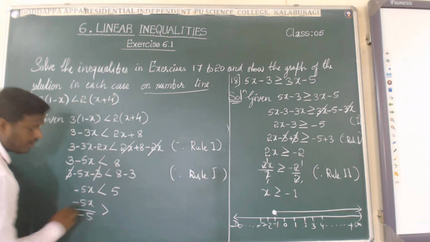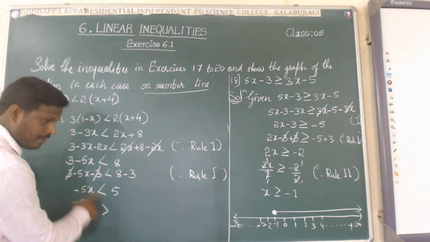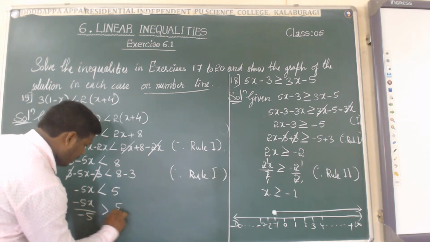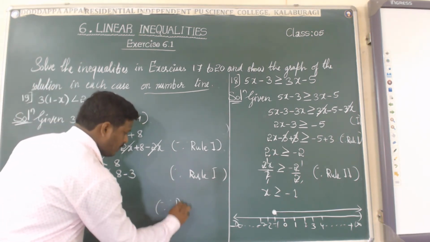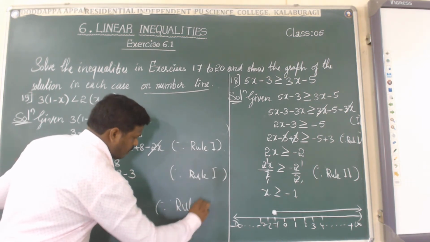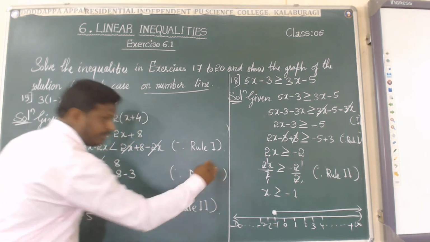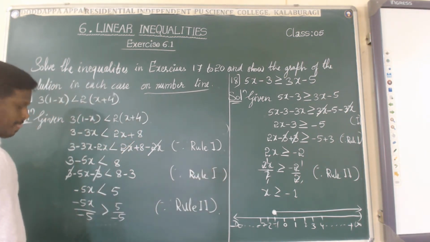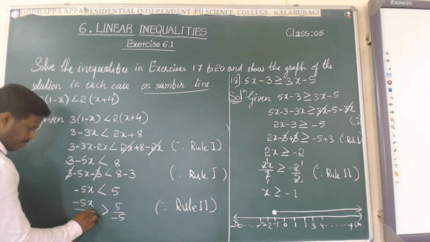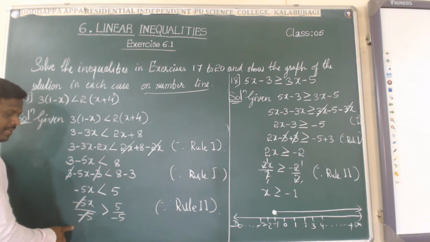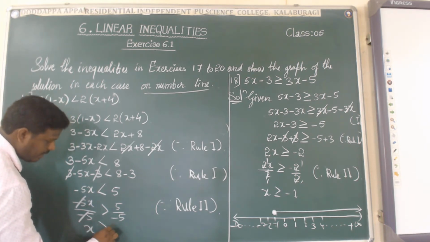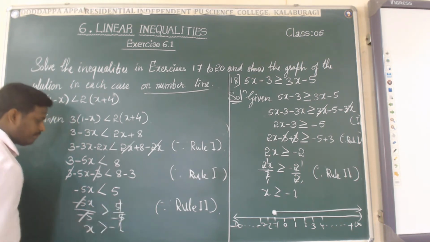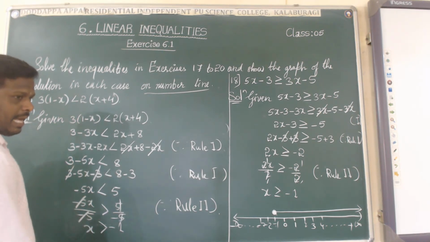Then the sign will be reversed. Minus 5x by minus 5, because of the second rule. Okay. Now simplify. Minus 5 by minus 5 gets cancelled, left here only x. x is more than minus 1. Yes, x is more than minus 1.